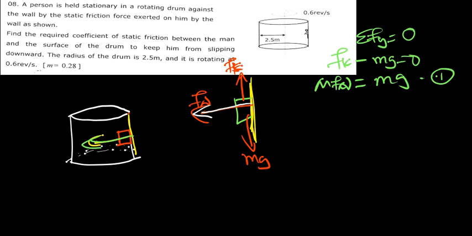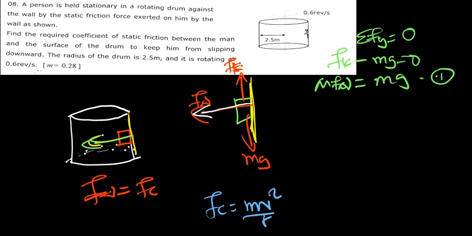So the normal force in this case is equal to the centripetal force. But we clearly know that centripetal force is mv squared over r. Therefore, the normal force will be equal to mv squared over r.